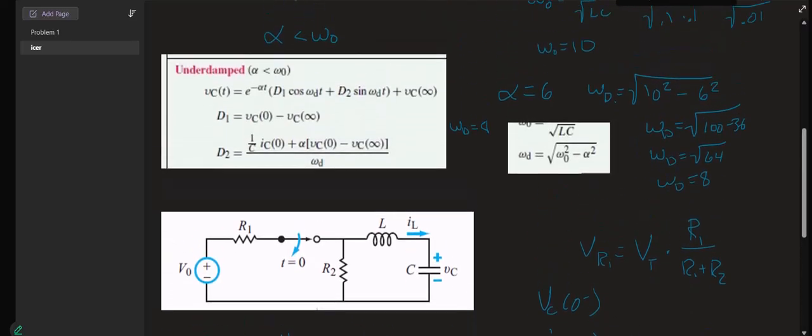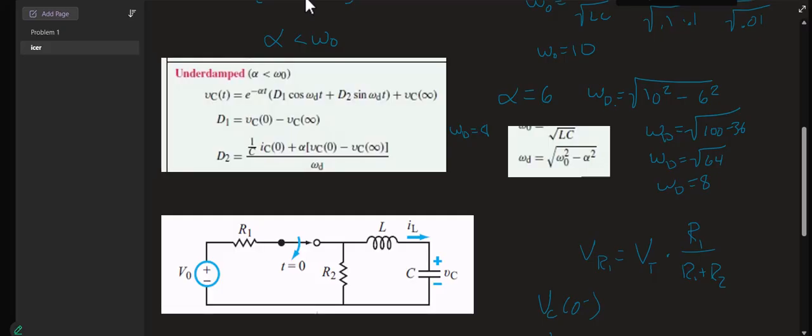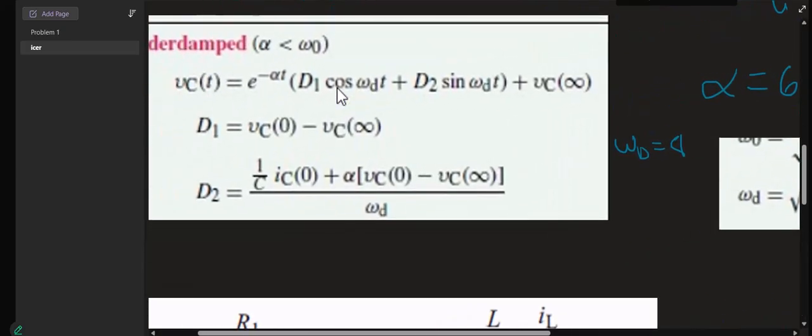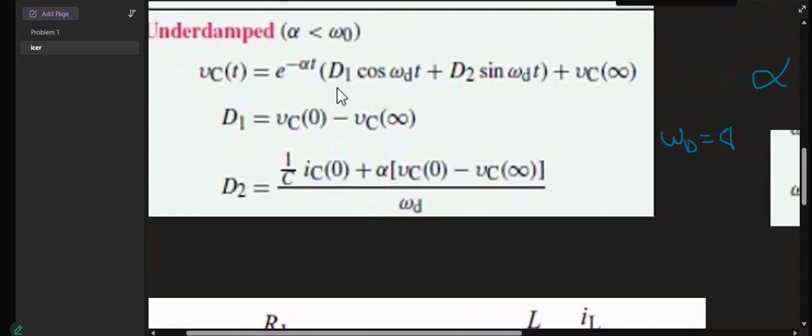So now we have all of the values we need to write our equation. We have D1 equals VC of 0 minus VC at infinity. That was 9 minus 0 equals 9. D2 equals 1 over the capacitance, which I could look up, but I see it's multiplied by IC of 0, which I know is 0.